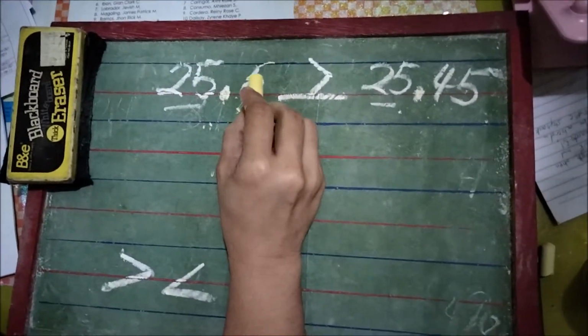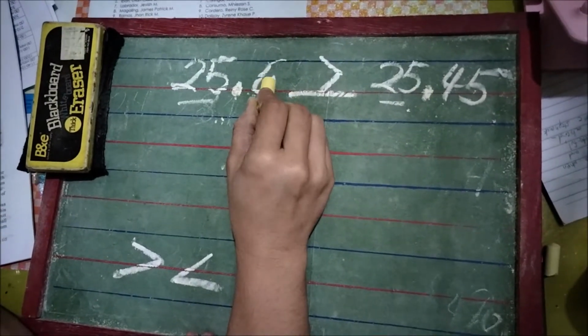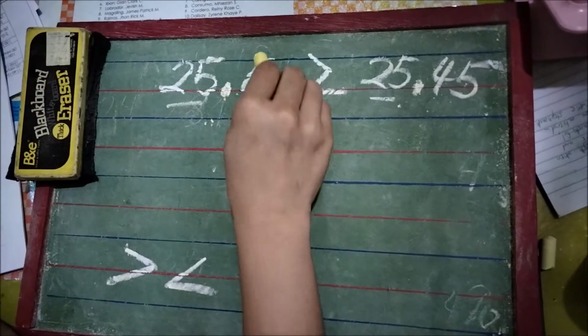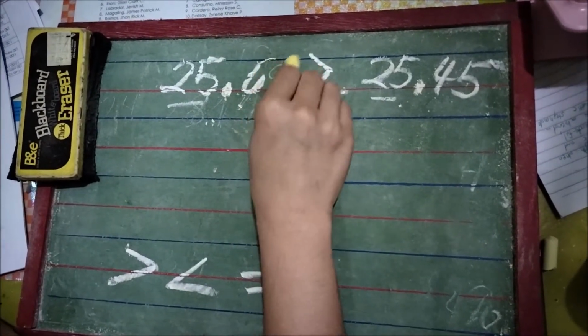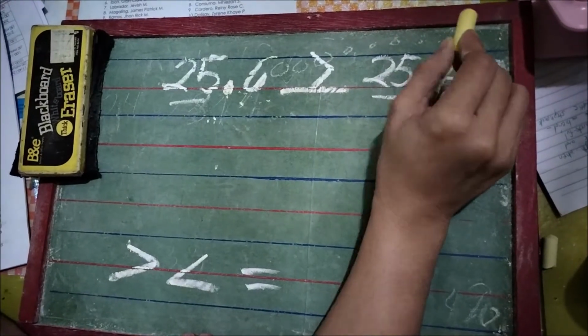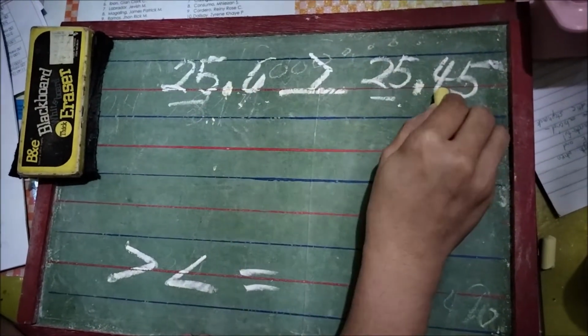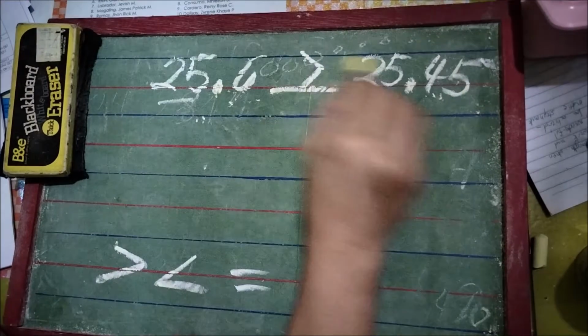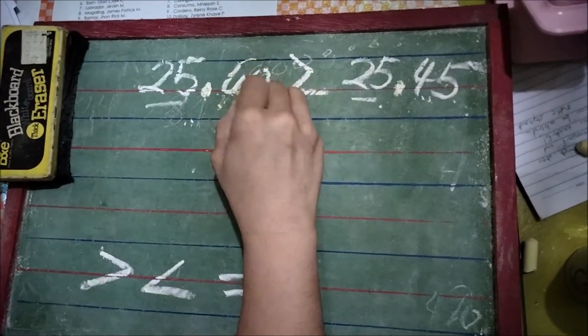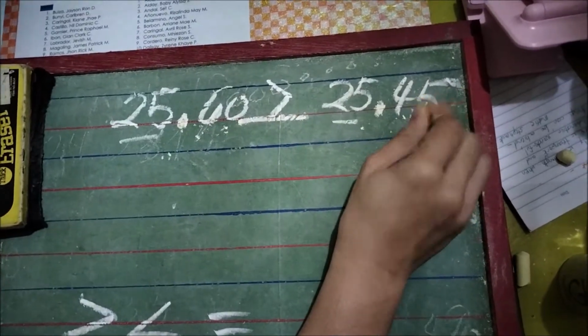Because a decimal number can have as many zeros as you want. So if I have here 6, I can put any number of zeros that I want. So if I compare 6 to 4, of course 6 is bigger. If I have here 60, it is of course bigger than 45.